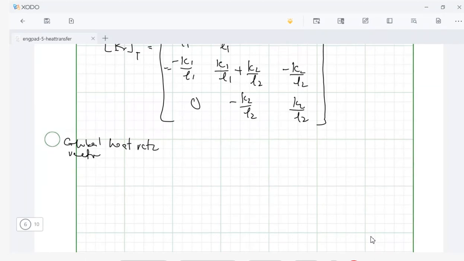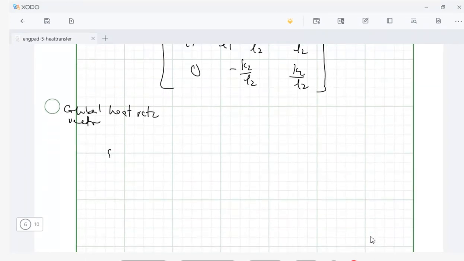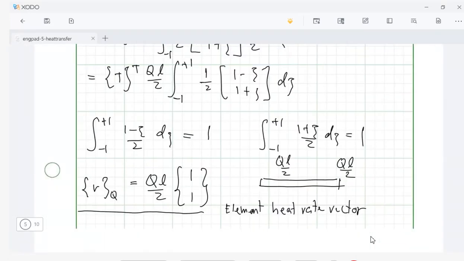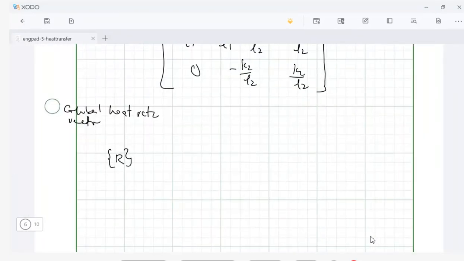Okay, so what we have here is, of course, our capital R. Remember that the convention is always that small r is for the element, or small k is for the element, where the capital is for the global.